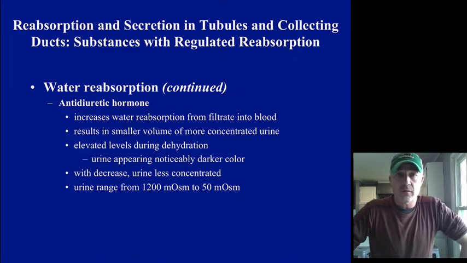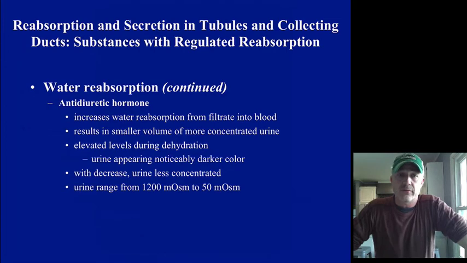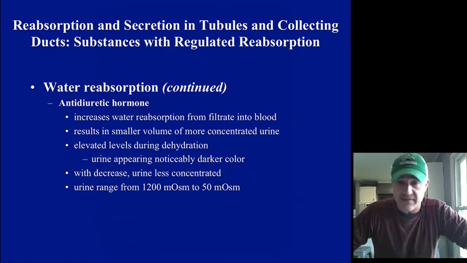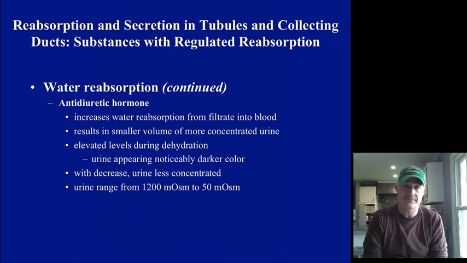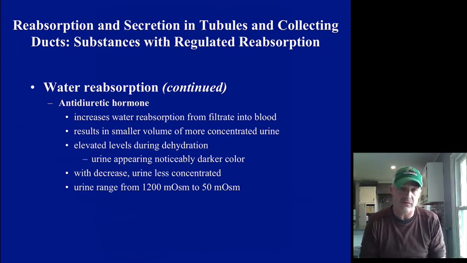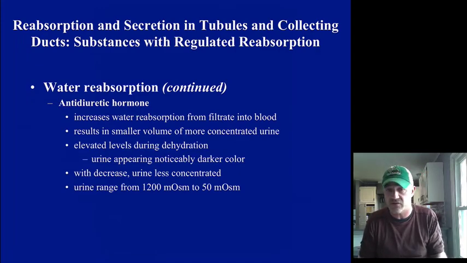Antidiuretic hormone, as we talked about, is a posterior pituitary hormone. It is going to increase water reabsorption, which can really reduce the water volume in the urine and help us concentrate it. If we have higher levels of this, you will reabsorb more water and really concentrate your urine. With less of it, the urine is less concentrated.